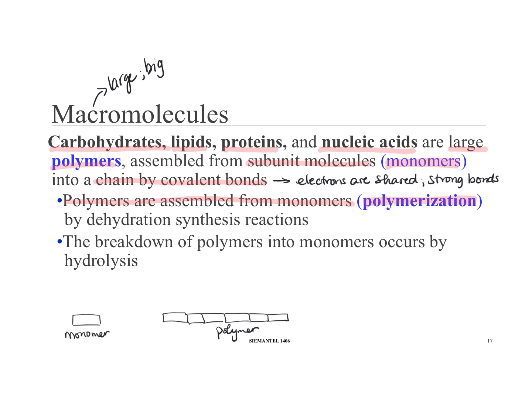And it's done through dehydration synthesis reactions, through the removal of water. Now, the opposite reaction causes the breakdown of polymers. So we go from polymers back into the individual units, and that is known as hydrolysis, okay, the adding of water. All right, so this is how we build and break macromolecules.